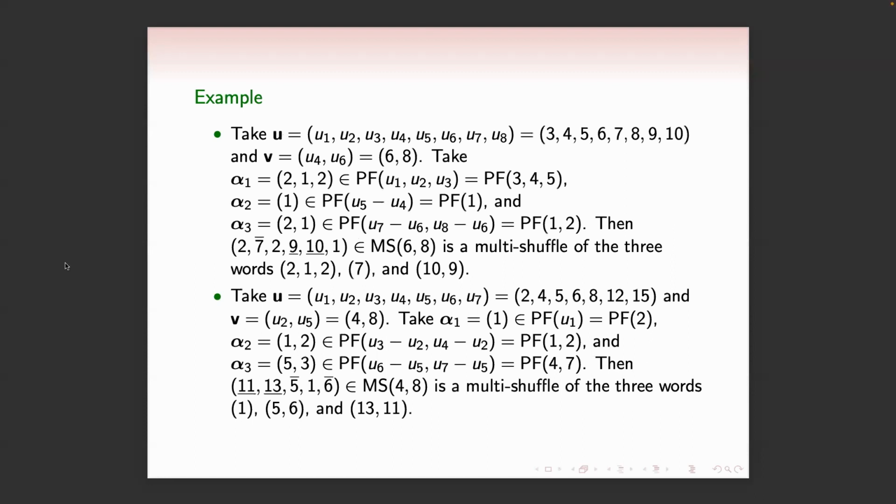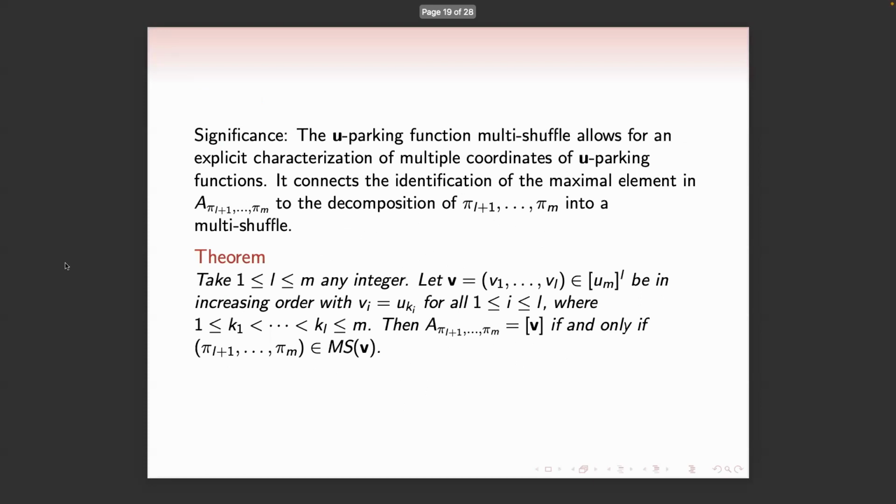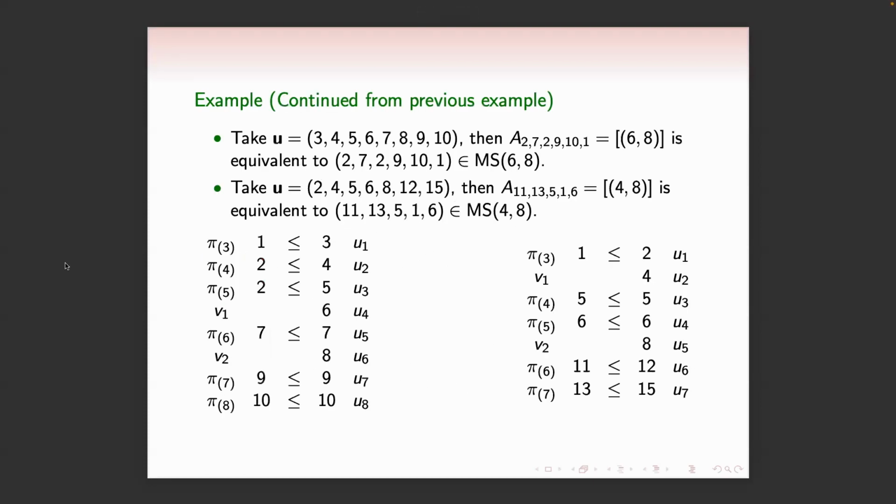when we looked at the parking function multi-shuffle here, let's continue with this example. So here we have our vector u, and then we have formed a multi-shuffle of 6 and 8 in our first example and 4 in our second example. So this was the multi-shuffle example earlier.